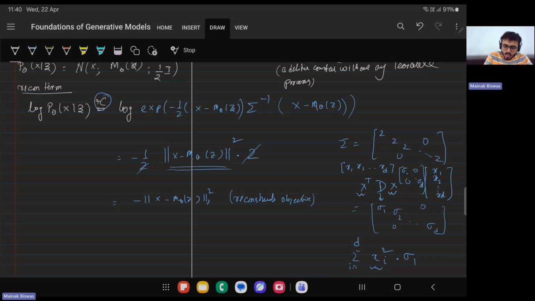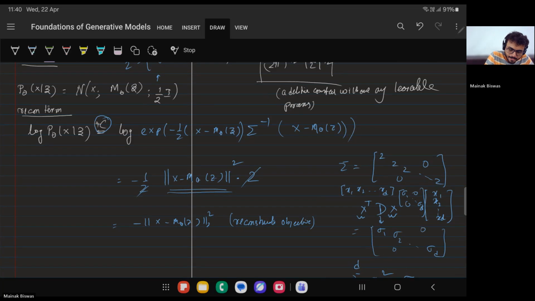I have a control over the variance. If I can shrink the variance somehow, I would be able to make better reconstruction. So what do I mean by that?